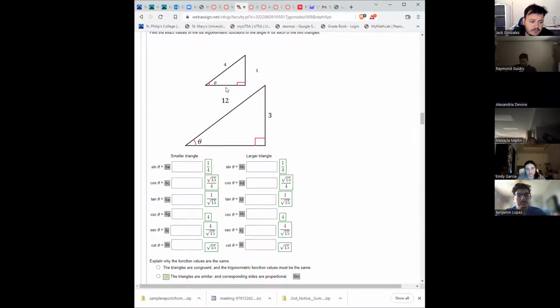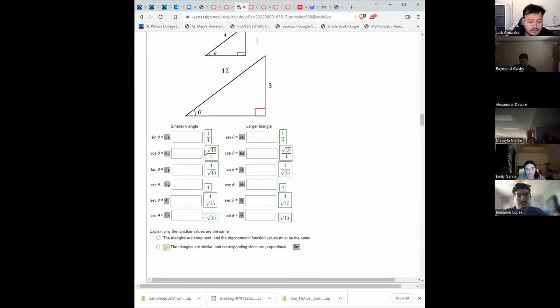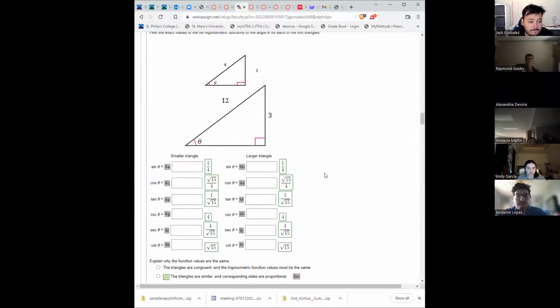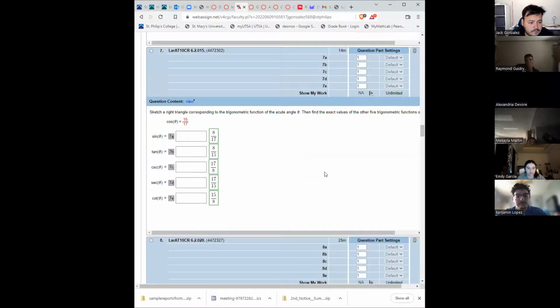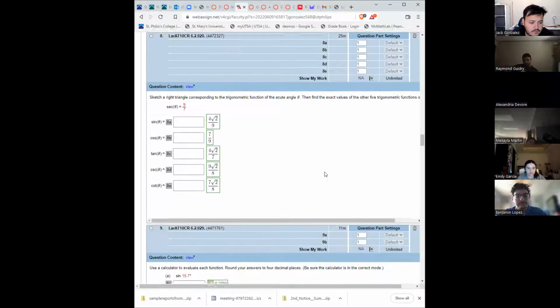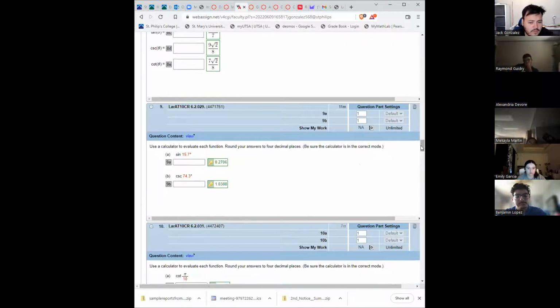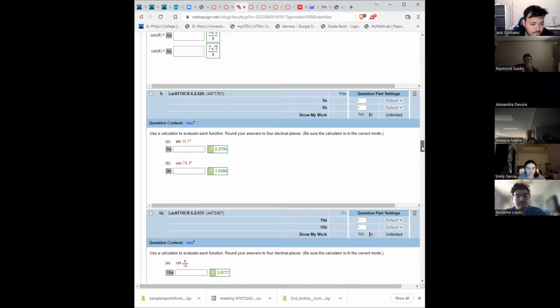Here's the same type of thing, but they have you do it on two separate triangles to show you there's this idea of similar triangles that are proportional to each other. Same type of thing. So let's go ahead and do that first type of example.